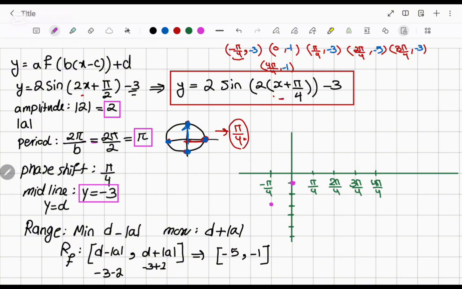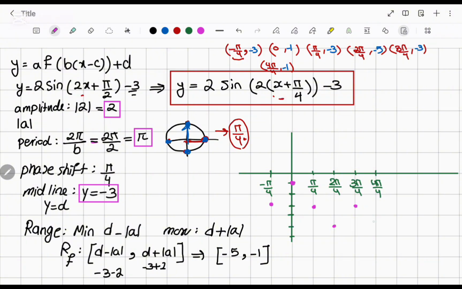The next one is pi over 4 and negative 3, which is here. And then we have 2 pi over 4 and negative 5, which is here. And then we have 3 pi over 4 and negative 3, which is here. And that's one full cycle.